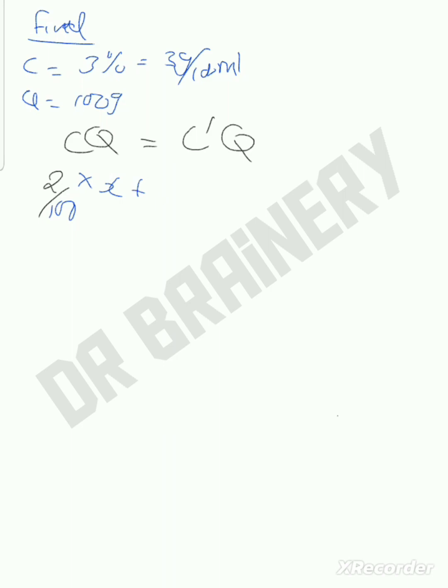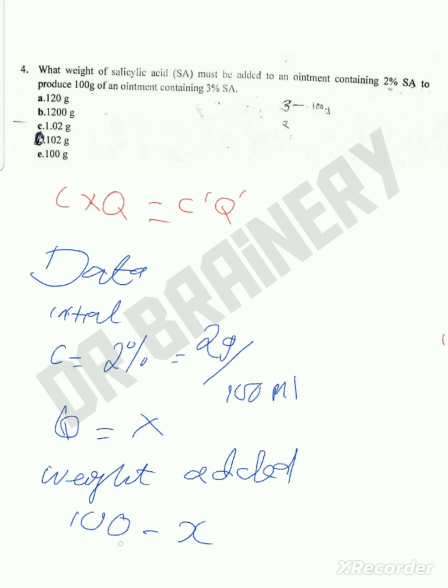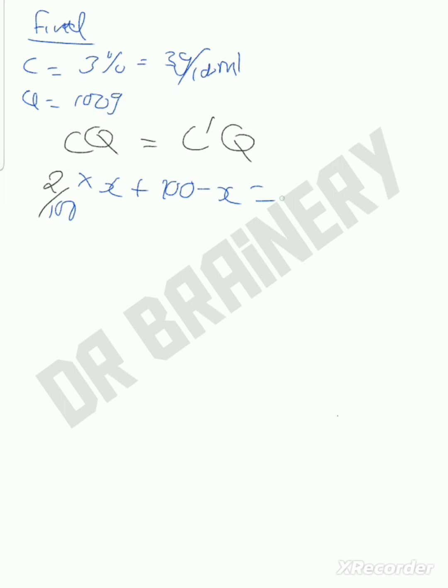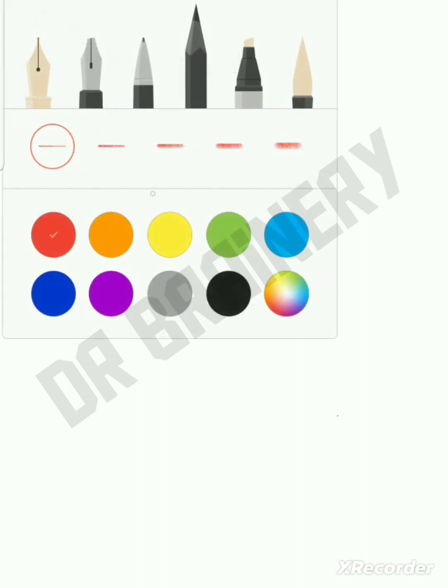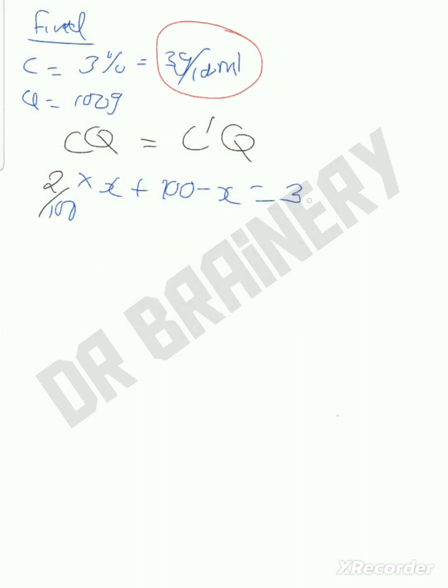Then we want to know the one that we added, so I'm going to add here 100 minus X. Remember we said the amount that we added is 100 minus X. Then this is equal to the concentration of 3%, which can be written as 3 over 100, times the amount which was produced, 100. So now I can start my calculation.